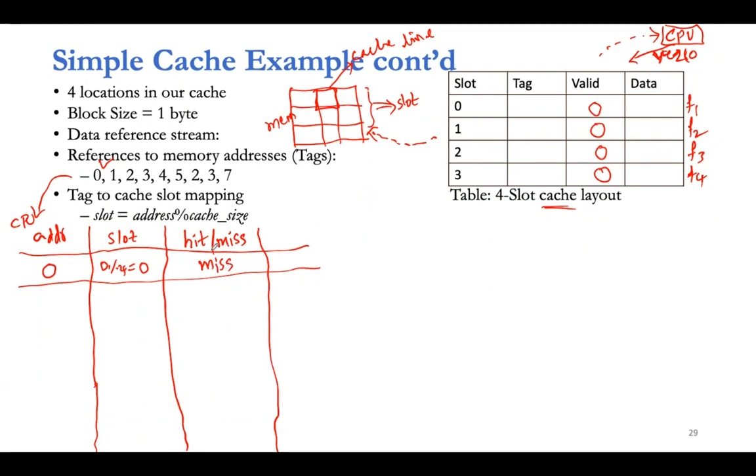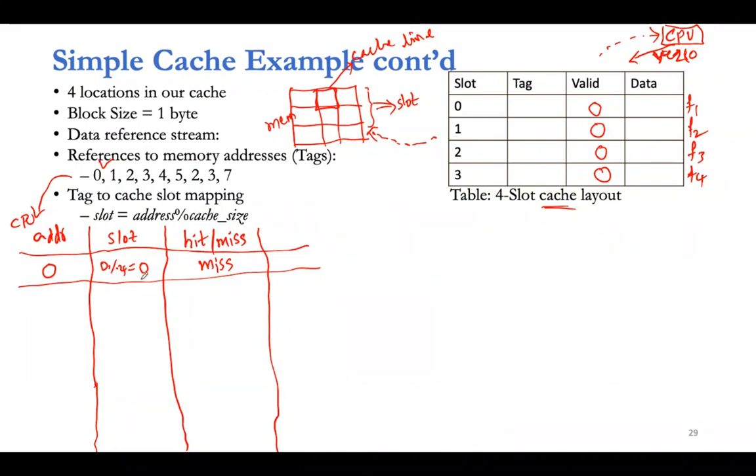When data is missed in the cache, obviously that request will be forwarded to main memory. In the main memory, the cache line 0 will be fetched and stored in the data slot. For this address 0, the 0th slot is given.